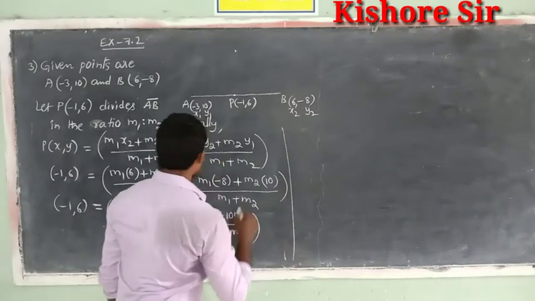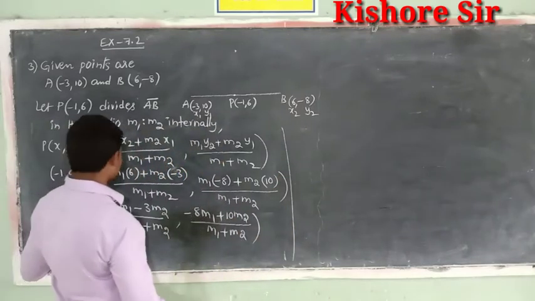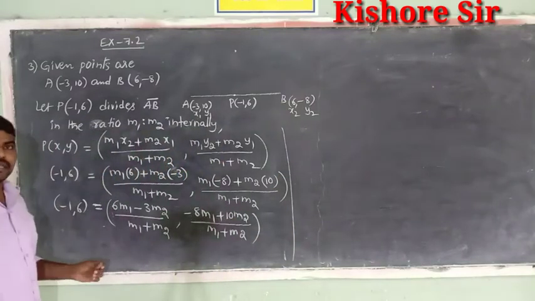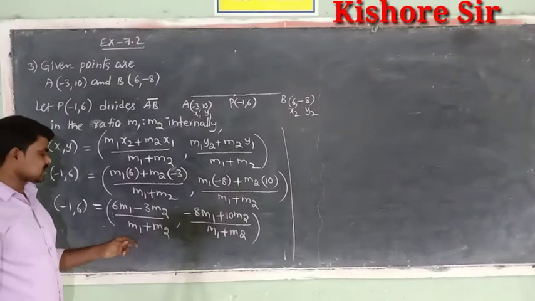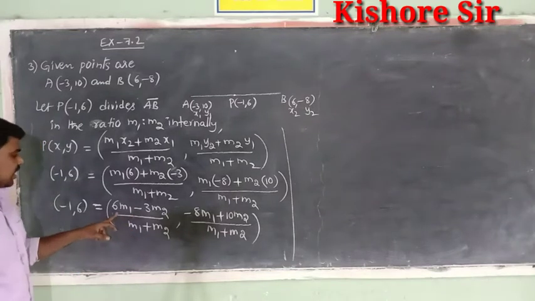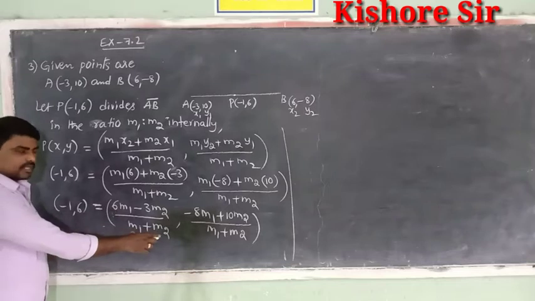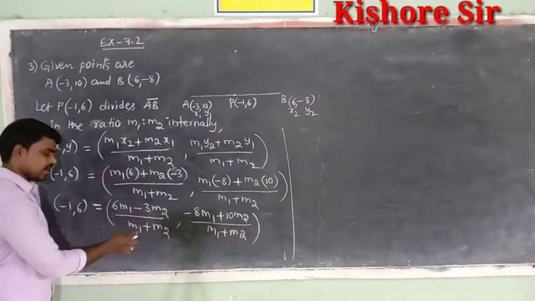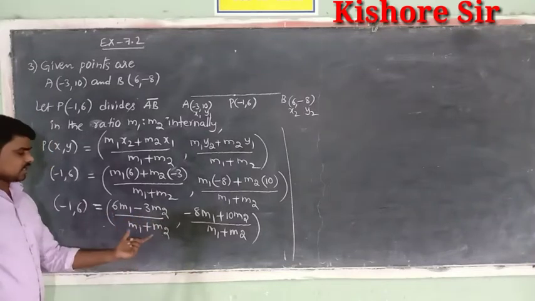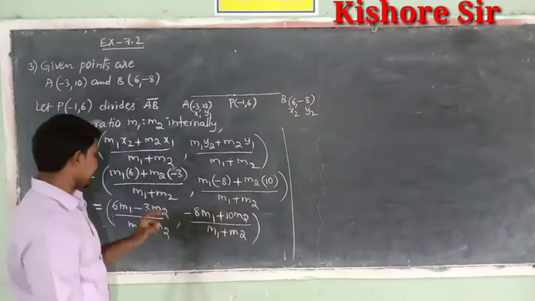Now, what is the x coordinate on the RHS? The x coordinate on the RHS is (6m1 - 3m2) / (m1 + m2). This is the x coordinate of this point.